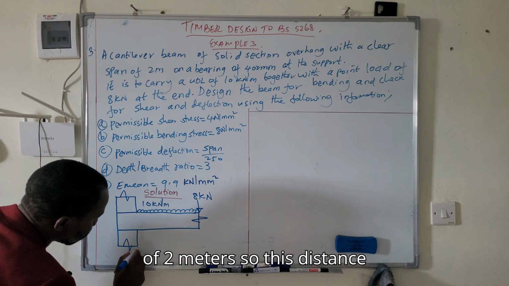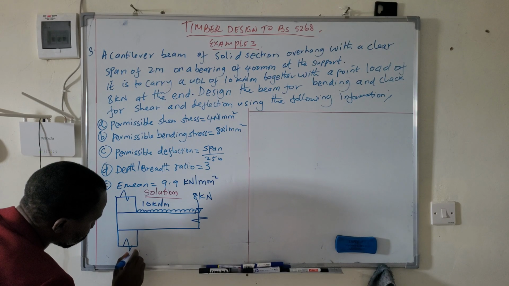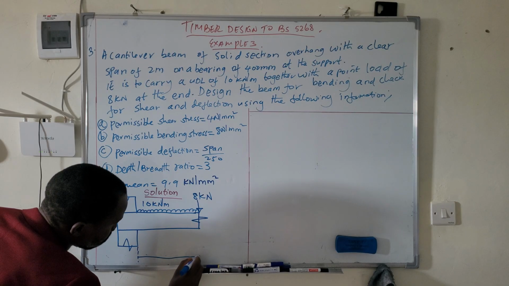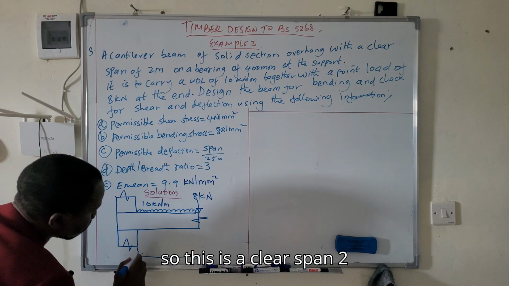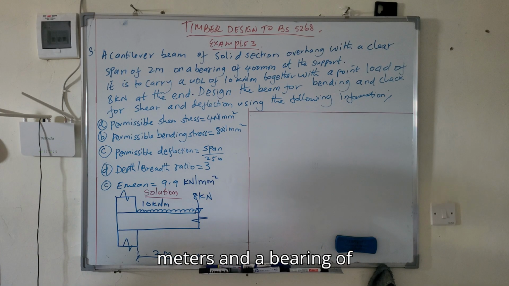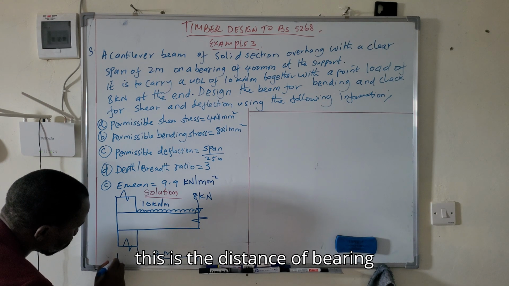Again, the beam has a clear span of 2 meters. So this distance is the clear span, 2 meters, and a bearing of 400 millimeter. So this is the distance of bearing.